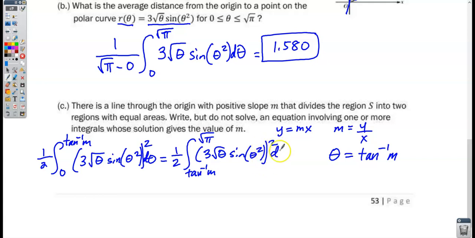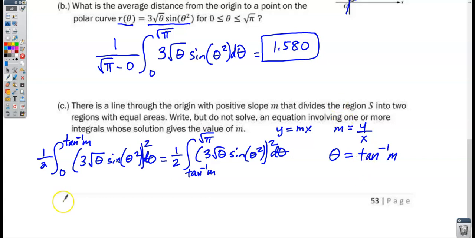We could also write this equation where we multiplied both sides by 2 and didn't have the 1/2. We could also, since we found the area of region S in part A, take either of these halves of the equation and set it equal to half of the value that we found in part A.